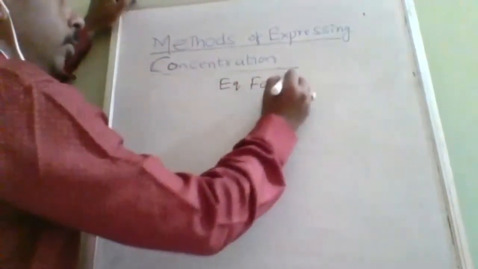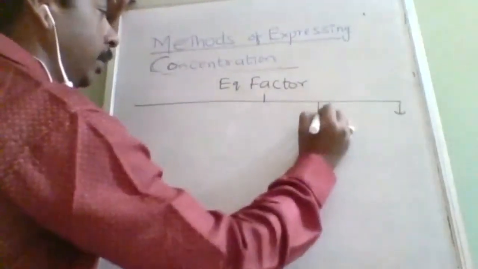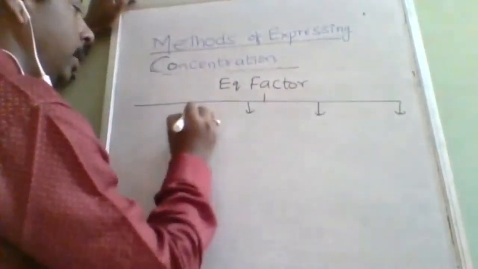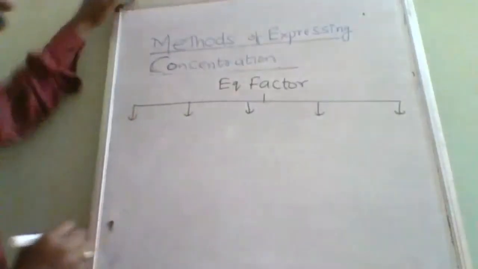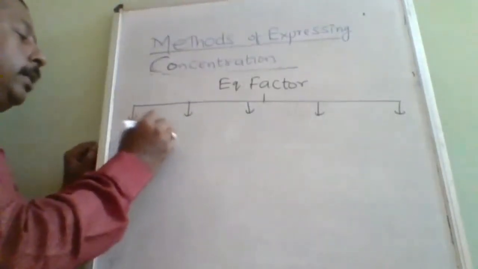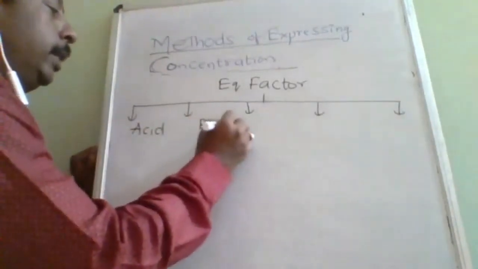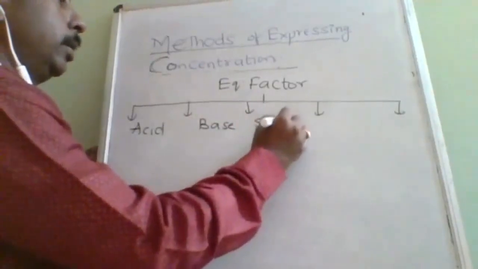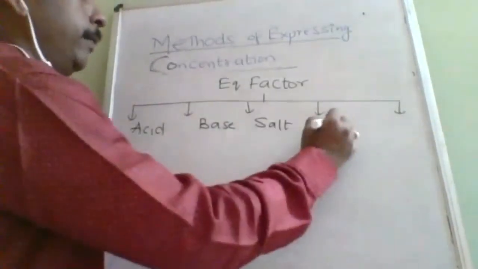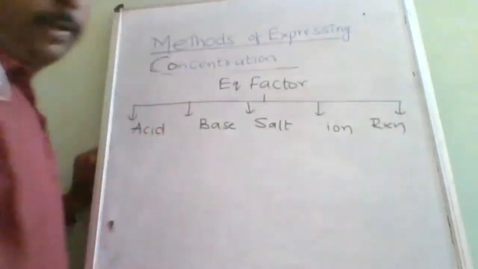Okay. So, equivalent factor can be determined depending upon the question. Depending upon what? Question. Okay. So what is equivalent factor? If acid, different definition. If base, different definition. If salt, different definition. If ion, different definition. If reaction, different definition.